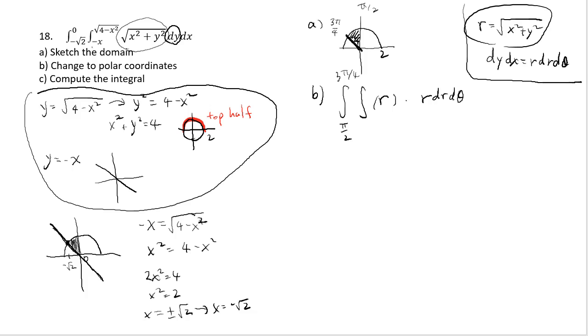And then dr, well, if you try to paint this region radially, because dr means it's increasing in the r direction, then you start from 0 and you end at this circle, which is r equals 2, because r equals 2 gives you this circle of radius 2. So you start from 0 and you end at 2.